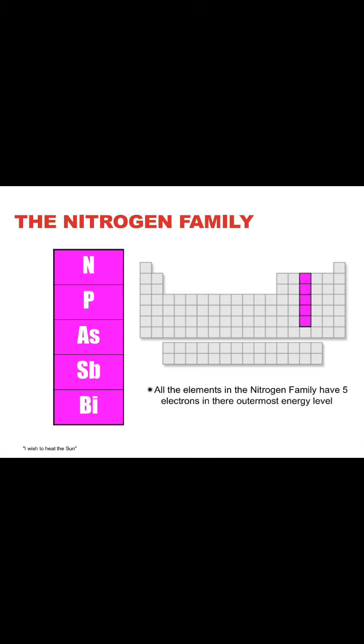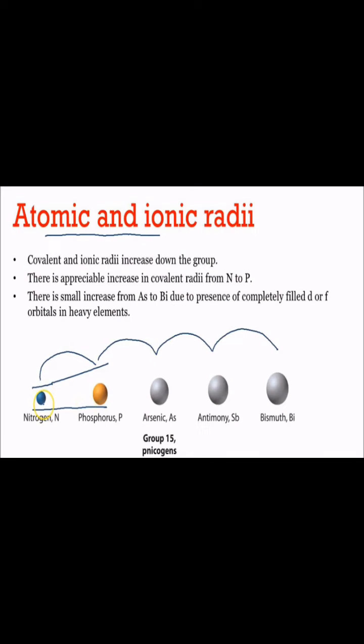And next is the atomic size. As you know, the atomic size increases as we move from top to bottom, but when moving from nitrogen to phosphorus, there is a large increase in size. But for the heavy elements, arsenic, antimony and bismuth, there is a very small increase in size.